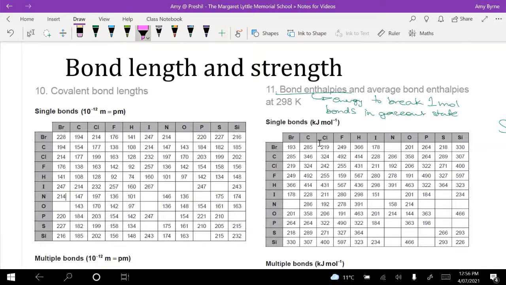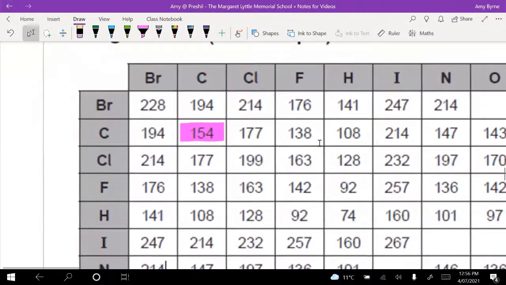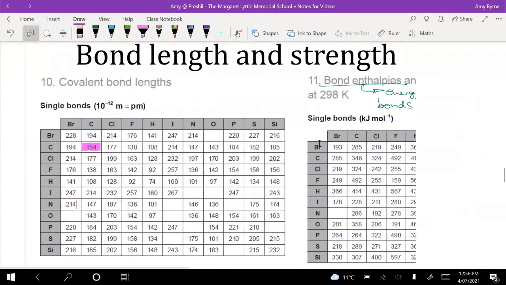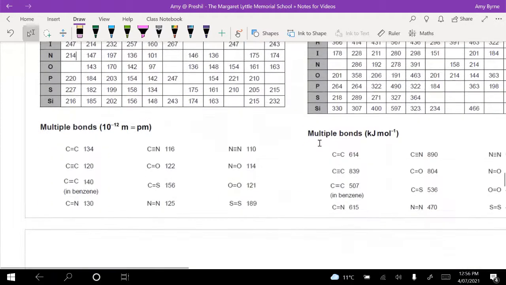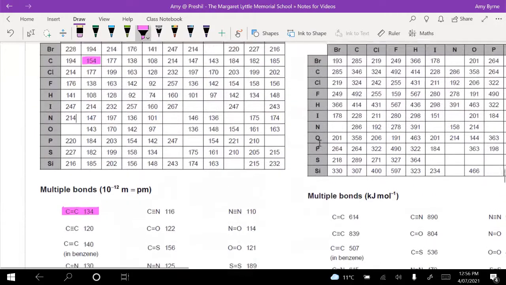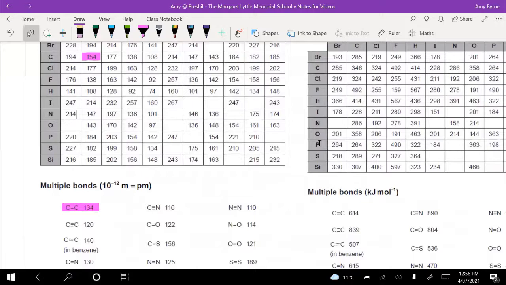So let's look at a carbon-to-carbon single bond. That carbon-to-carbon single bond is 154 picometers. Let's look at a carbon-to-carbon double bond. That is 134. And then a carbon-to-carbon triple bond is 120.